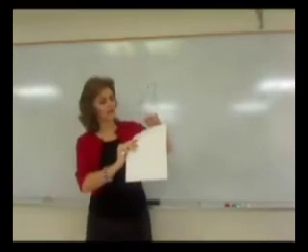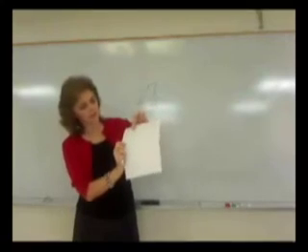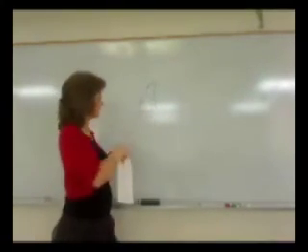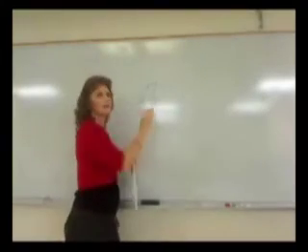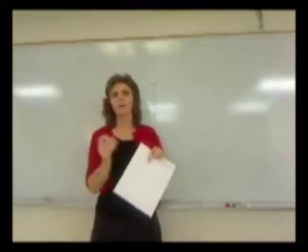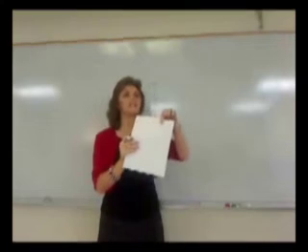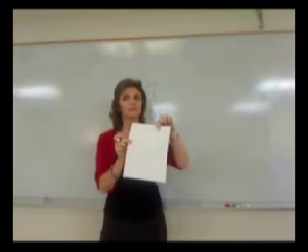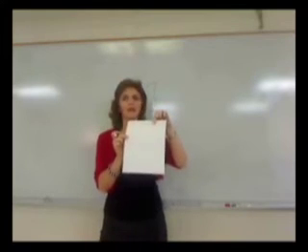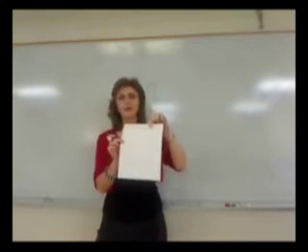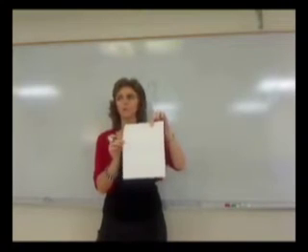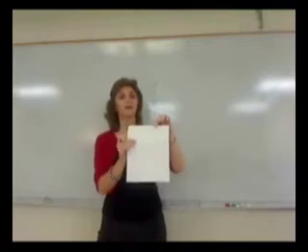Find the 2 up here, the 7 on the side, and where do they intersect? 9. Now reverse it: 7 at the top and 2 at the side. The answer is still 9. In addition, it doesn't matter where you find what. One at the side, one at the top, where they come together is the answer.